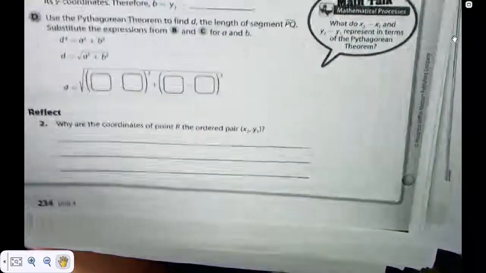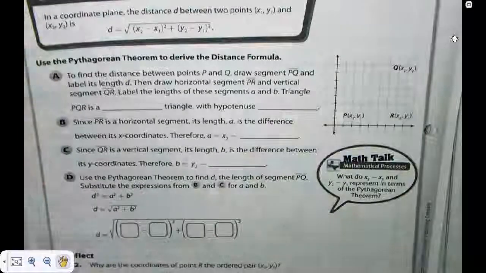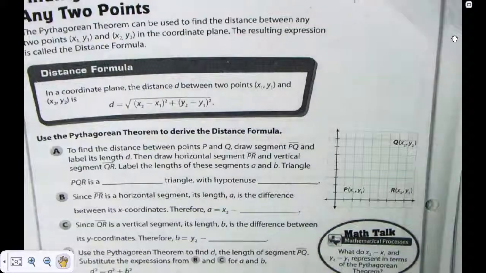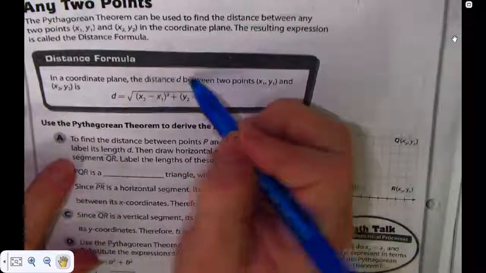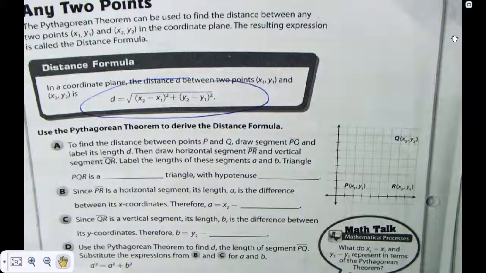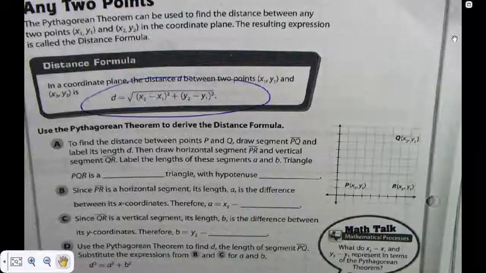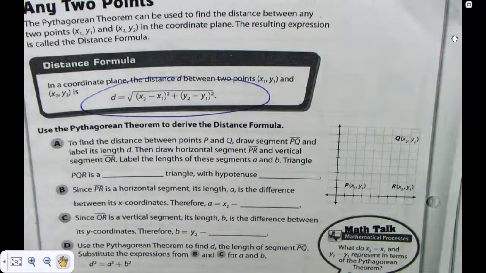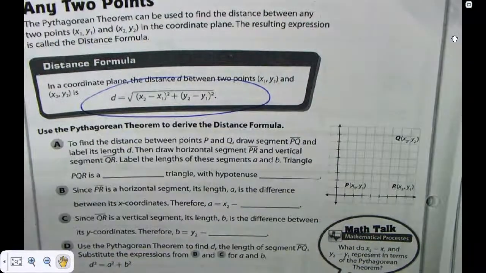Okay, turn the page, 234, or look at 234. You might not be turning. Okay, I want y'all to look at something up there. This formula is a formula that you're going to learn in high school. Okay?